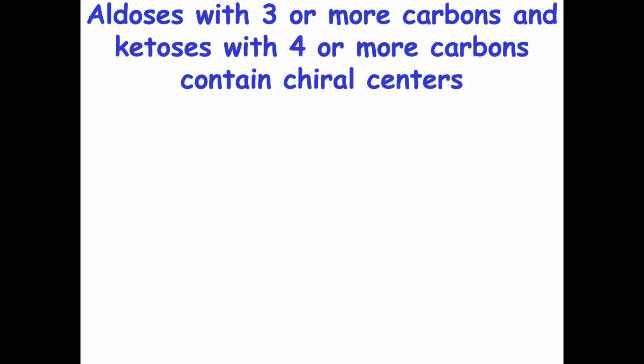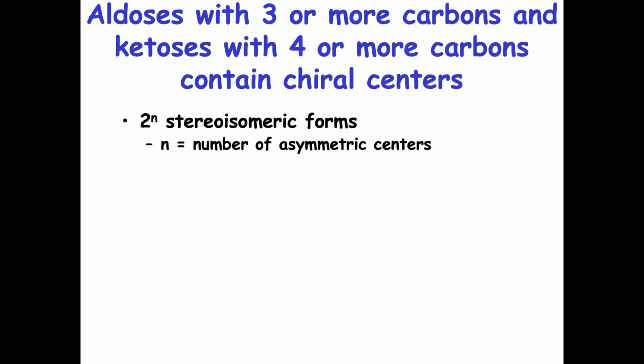Aldoses with 3 or more carbons and ketoses with 4 or more carbons all contain chiral centers. So what this means is that there are multiple stereoisomers of each molecule. In general, there are 2 to the n stereoisomers, where n equals the number of asymmetric carbons.